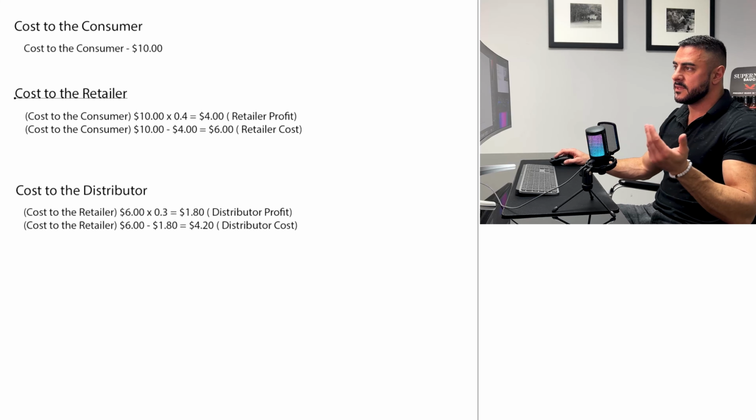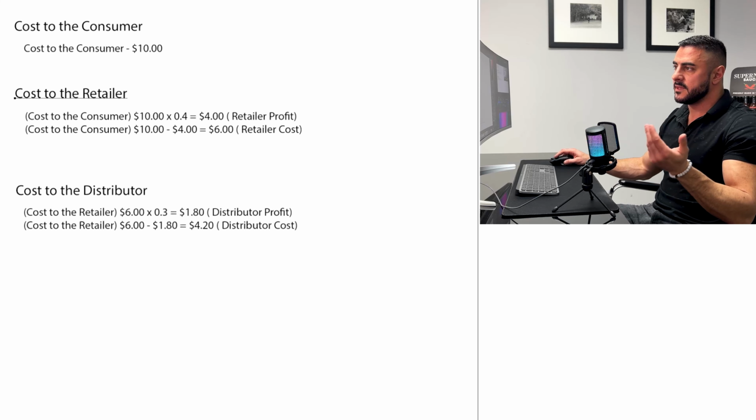We multiplied it by 0.3, which is 30%, or the margin that we're going to give the distributor out of the $6 in order for them to be able to make a profit and be happy as well. So $6 multiplied by 0.3, which is 30%, gives us $1.80. So this is going to be our distributor profit, or the amount of money that the distributor is going to keep off every unit that they sell. So we took our $6, which is the cost of the retailer, minus the $1.80, which is the distributor profit, and we figured out our distributor cost was going to be $4.20 here.